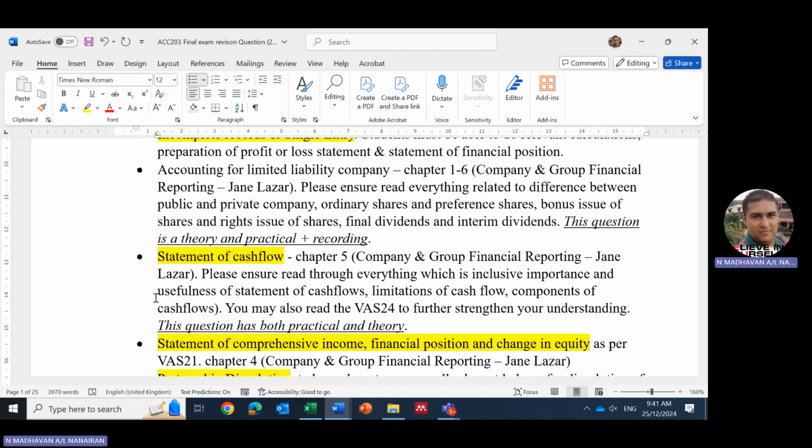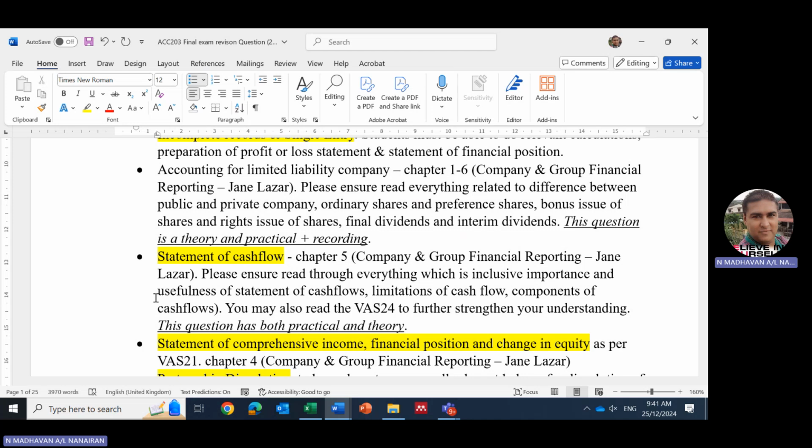This is what I tell them in Malaysia: in order to determine how good your accounts are, do the statement of cash flow. If you can do it confidently, then your accounts are quite strong, because in the statement of cash flow you must know everything.